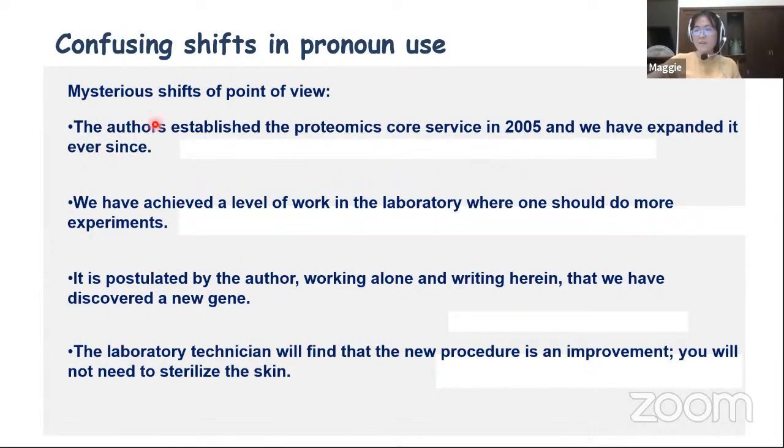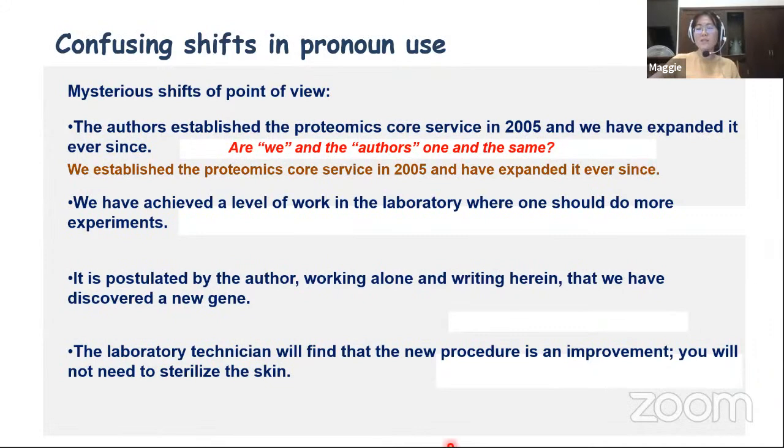The authors established their core service, and then we expanded. We don't know that we and the authors are one and the same, right? So when you revise this sentence, you can rewrite it this way: we established the proteomics core service in 2005 and have expanded it ever since. So change the authors to we. Then we know that we do all these things: we set up or established this core service and then expanded it.